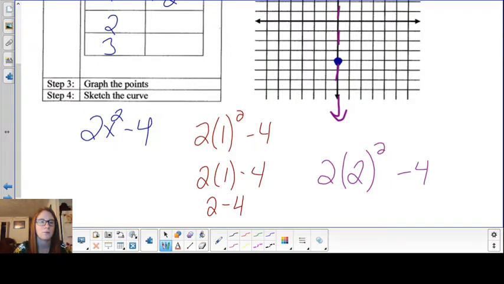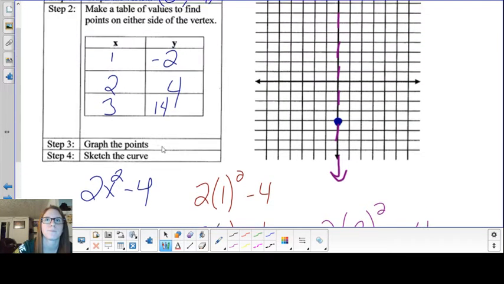Minus 4. Hit enter. You get 4. And then let's see what happens when I plug in 3. I get 14. So again, that last one's not going to be on my graph.